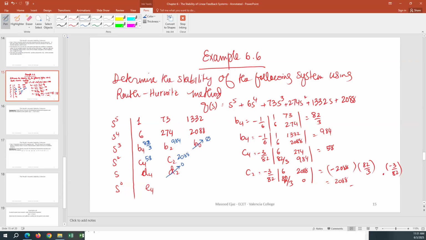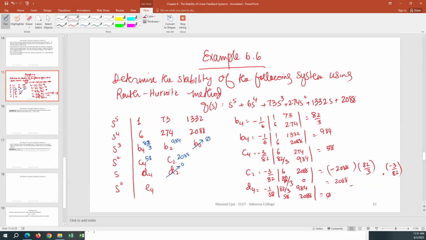Now when we do D4, that's where the problem is going to be. D4 will be equal to negative 1 over 58, determinant of 82 over 3, 58, and then 984 and 2088. And when you do this, you are going to get 0.